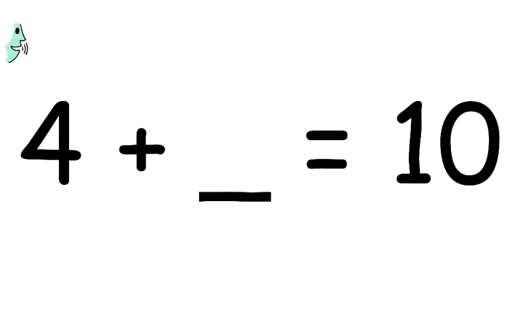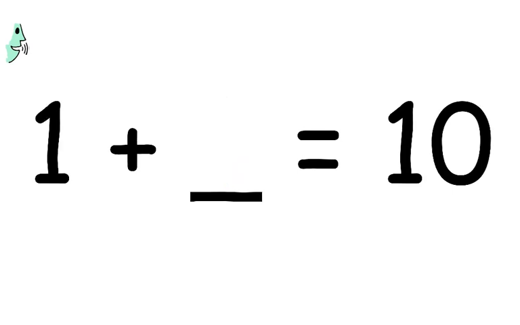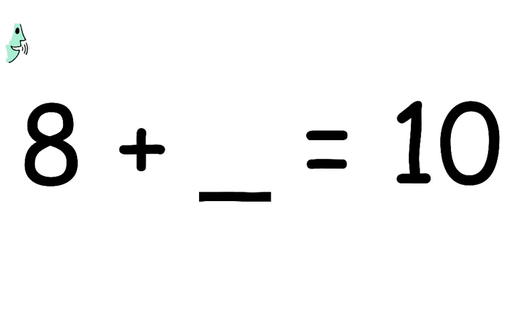All right, we have to fill in the missing parts. Here we go. 4 plus blank equals 10. 4 plus 6 equals 10. 3 plus blank equals 10. 7. 1 plus blank equals 10. 9. 8 plus blank equals 10. 2.